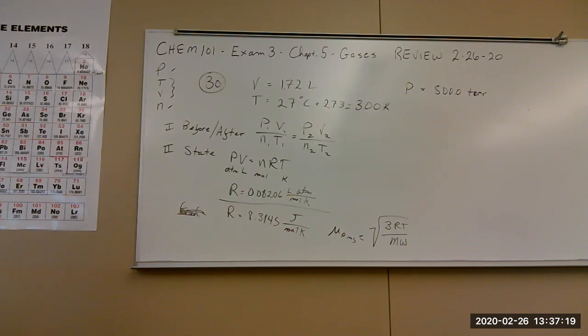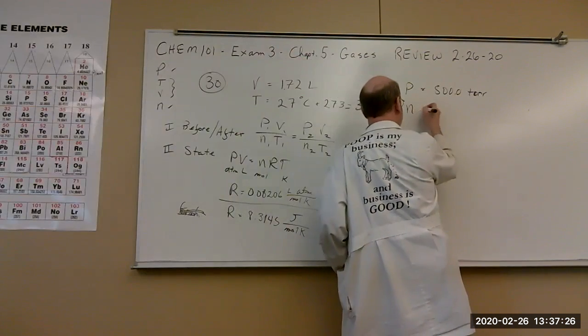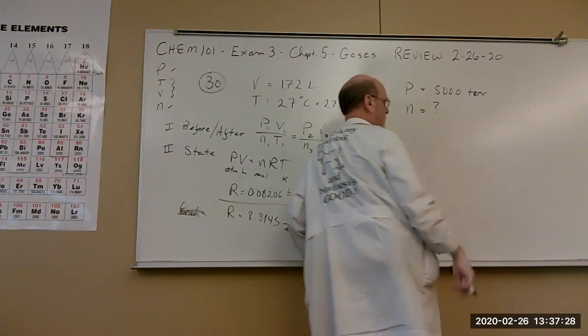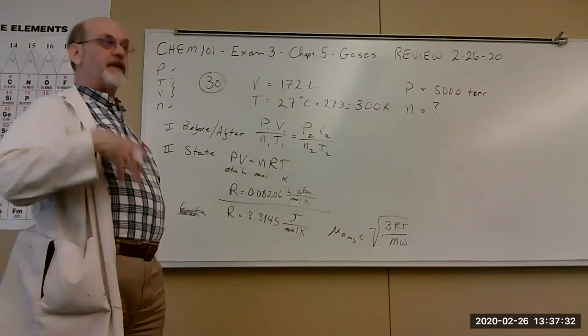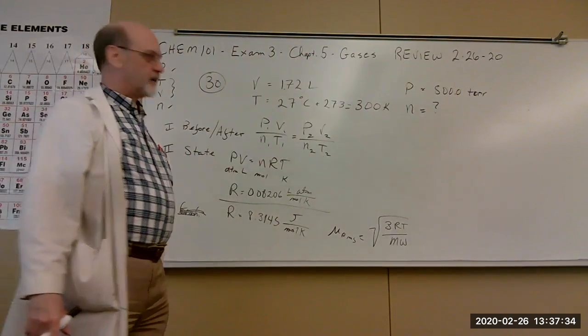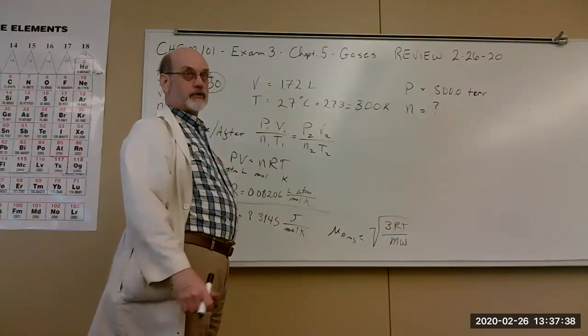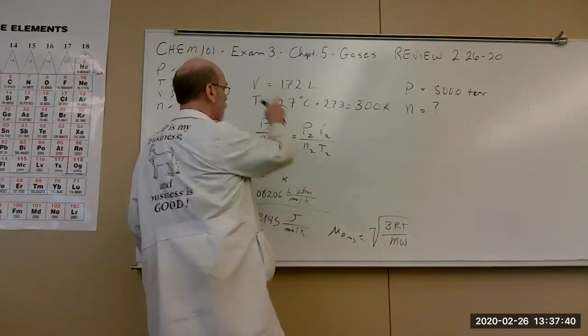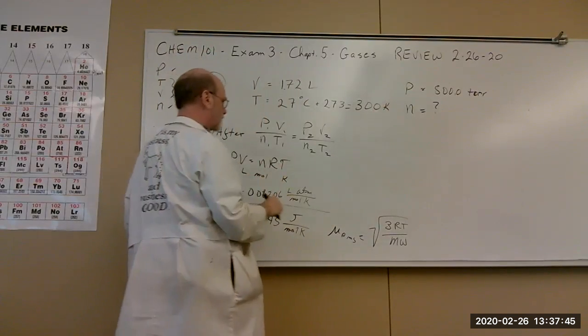Okay? So, if the question is, how many oxygen molecules? What we're actually asking is that. Once you find the moles, then you can find the number of molecules. But for the gas equation, moles is your go-to. So with these four, we can solve it.